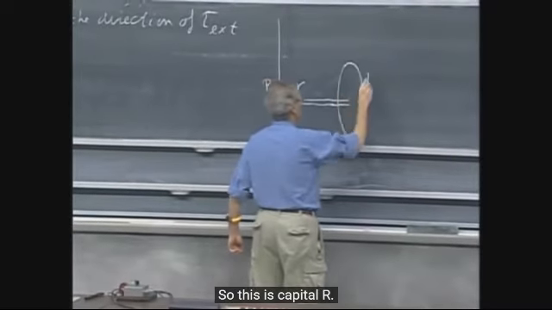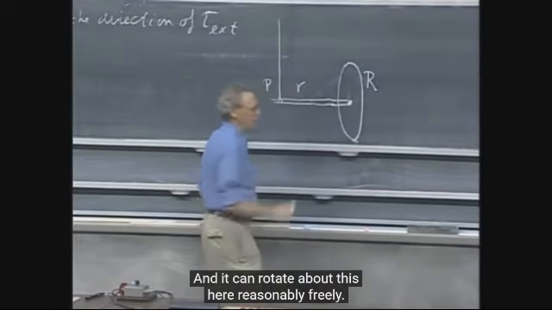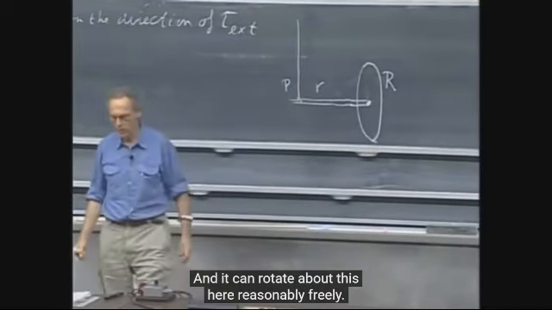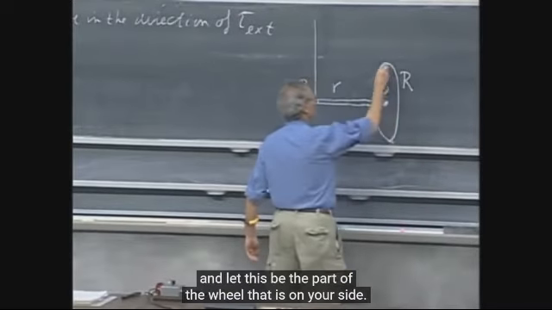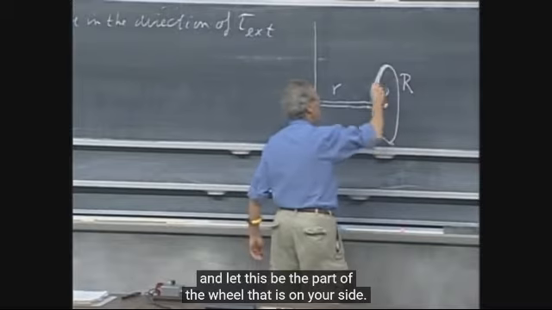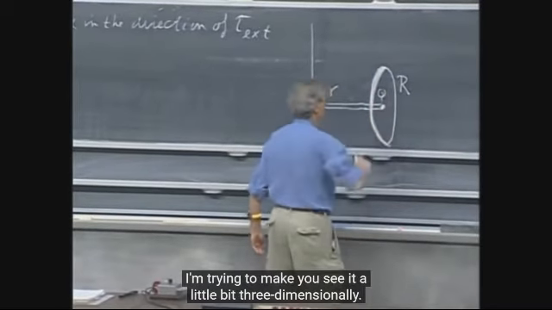It's capital R. And it can rotate about this here reasonably freely. I call that center point Q. And let this be the part of the wheel that is on your side. I try to make you see it a little bit three-dimensionally.